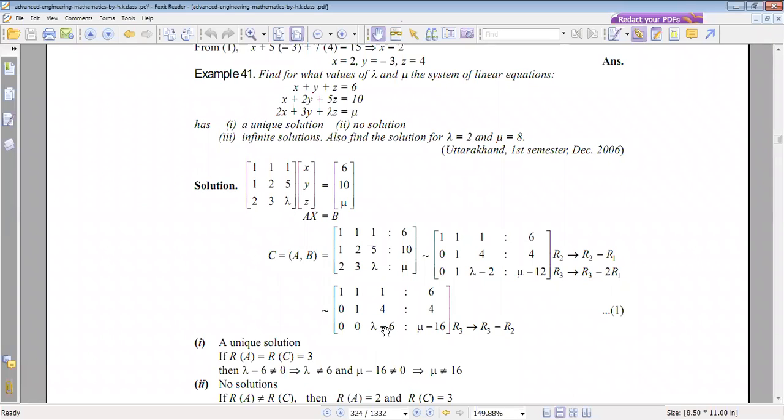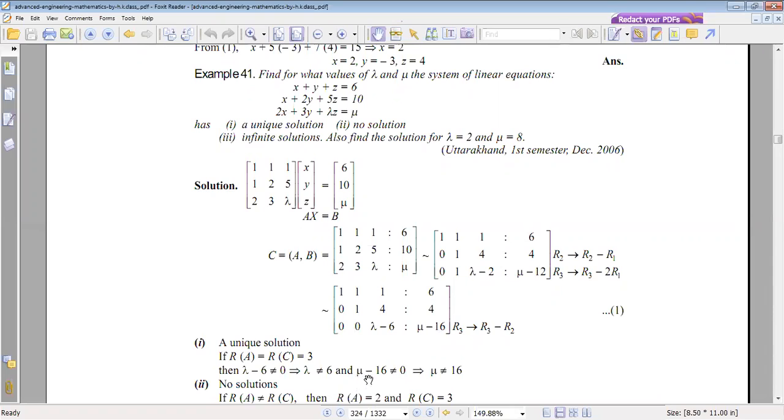So good. Once we get this element non-zero, the rank of A is equal to 3 and the rank of the augmented matrix is equal to 3. There is no problem whether mu minus 16 is 0 or not. Clear?